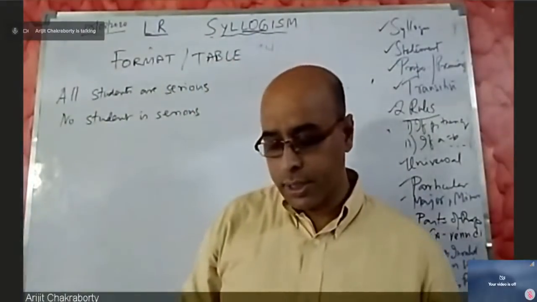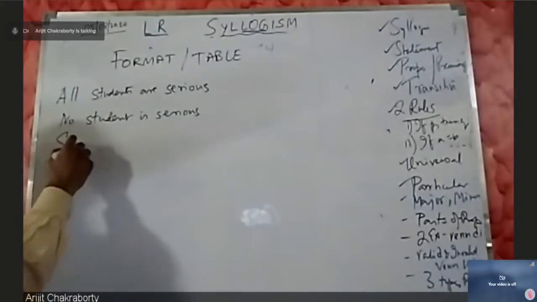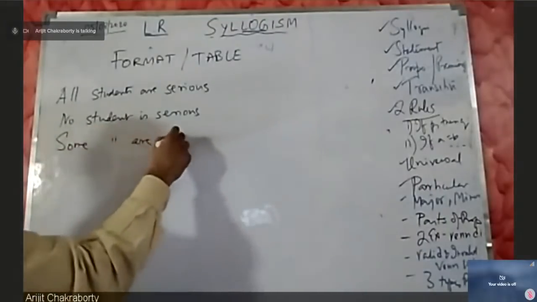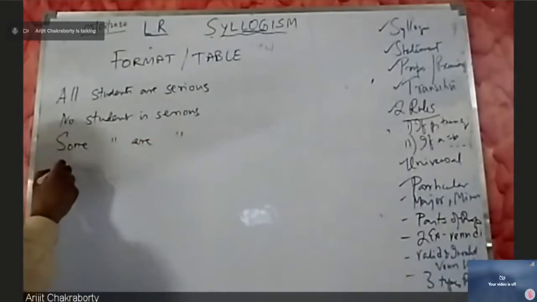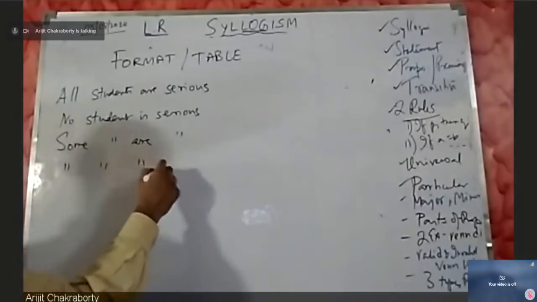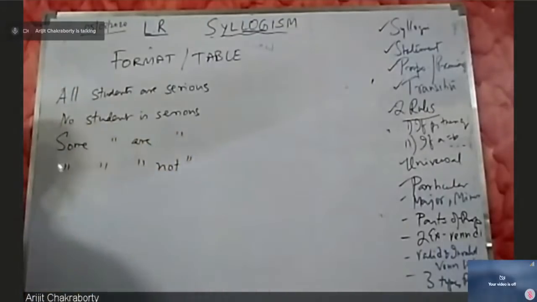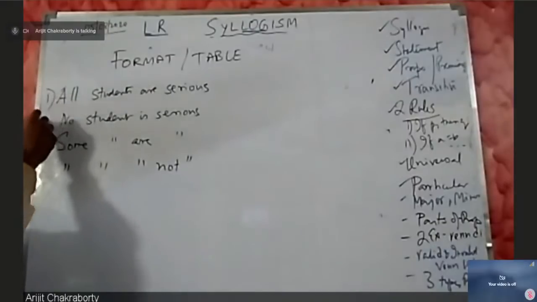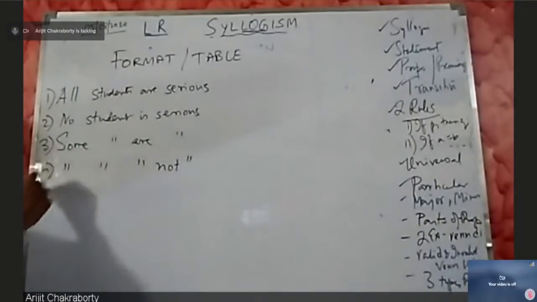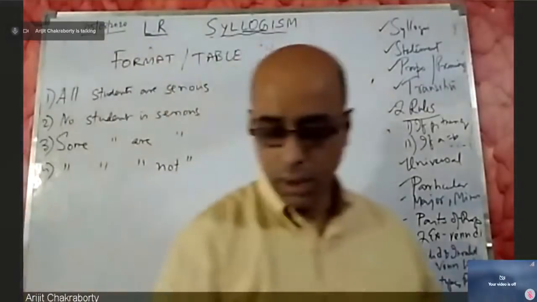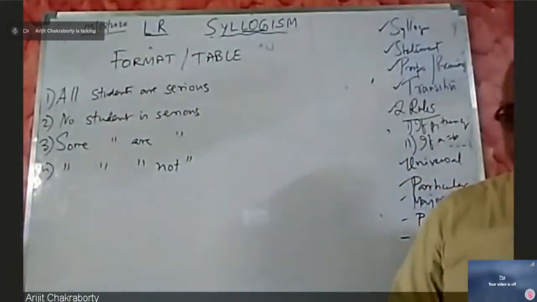The third proposition is, some students are serious. And the fourth proposition is, some students are not serious. So we have 1, 2, 3, and 4. Please have a look at the 4 propositions.